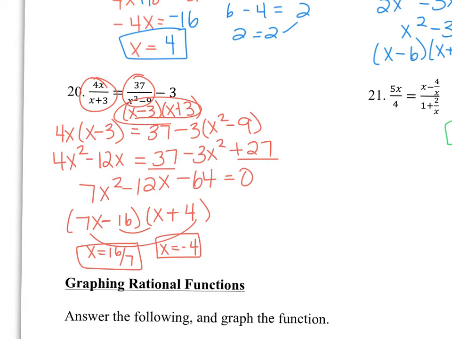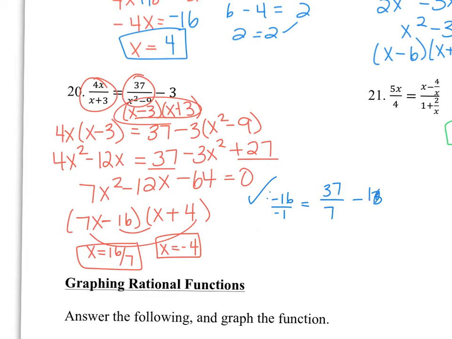So if I check negative 4 first, I get negative 16 over negative 1 equals 37 over 16 minus 9 is a number. 16 minus 9 would be 7 minus 3. So change that.